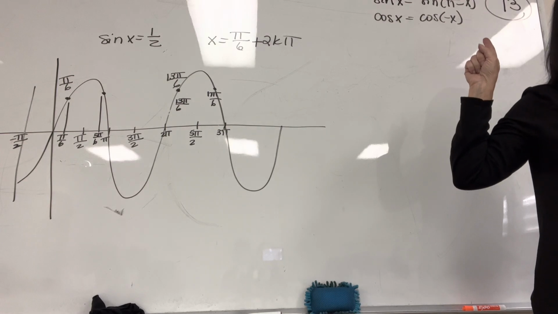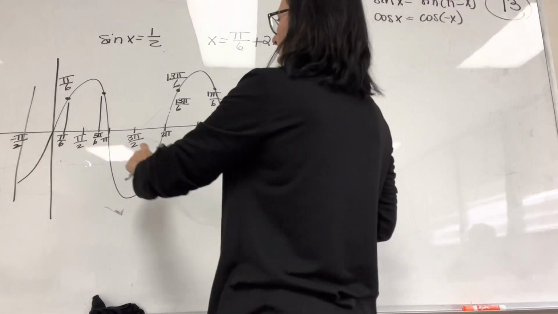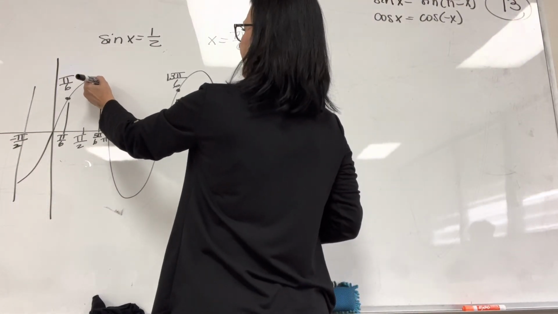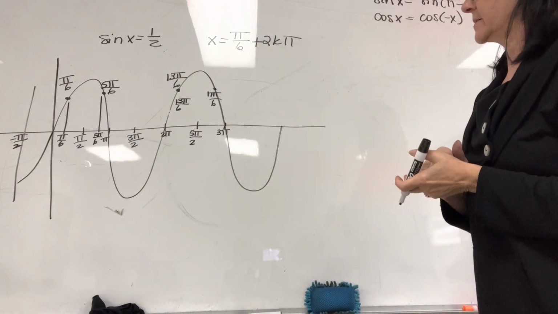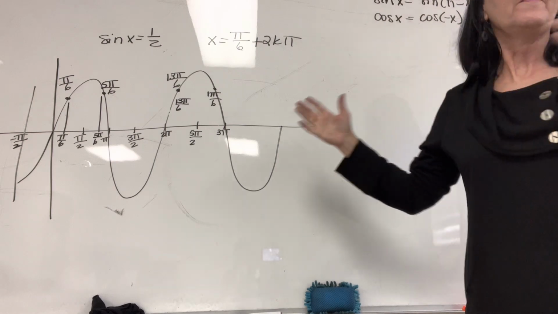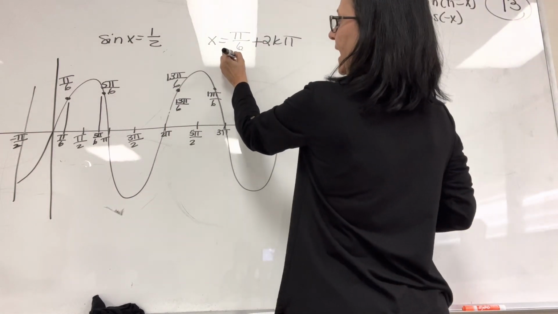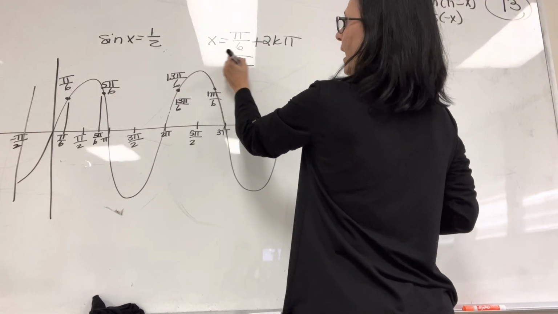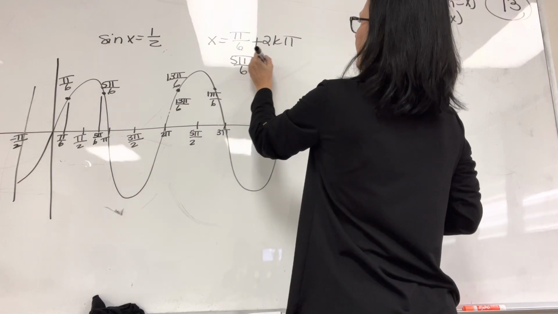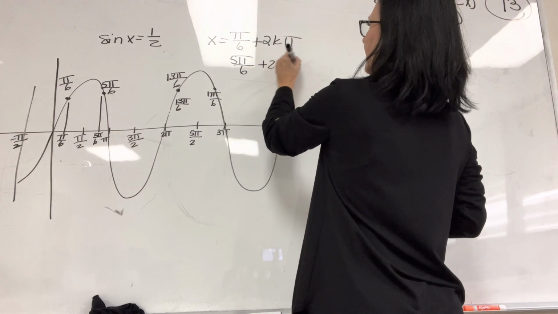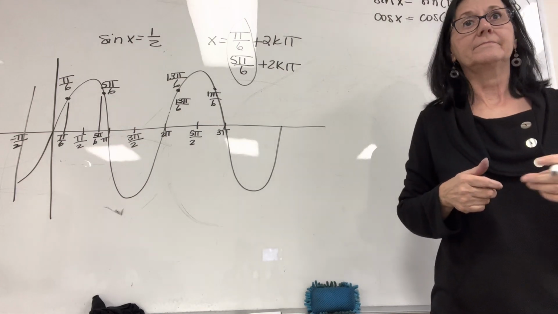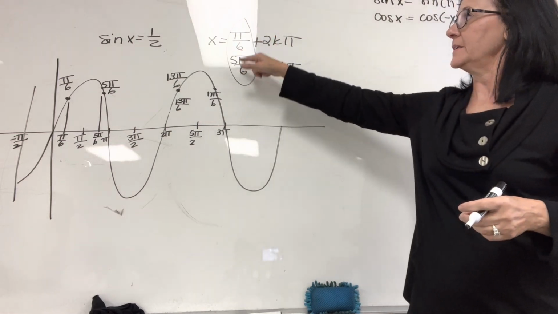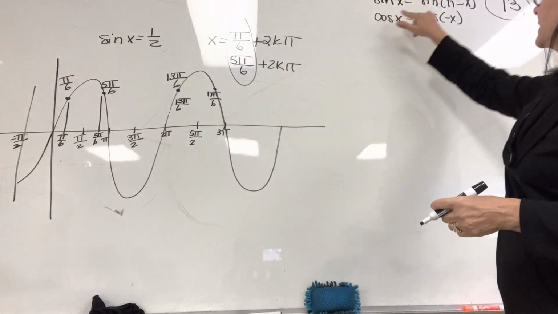What's the difference between 5 pi over 6 and 17 pi over 6? 2 pi. So I could say x is 5 pi over 6 plus 2k pi. All I need is those two. You agree? What's the distance between these two? Look at this.